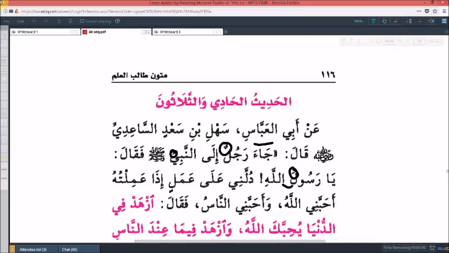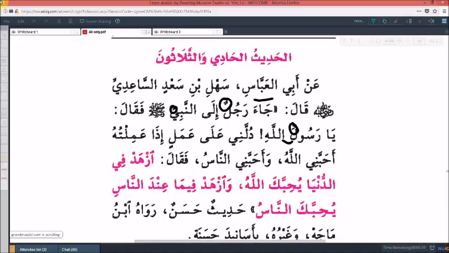Dullani ala amalin. Dulla is a command. Direct me, guide me. The fa'il is mustatir. It's hidden, meaning anta.